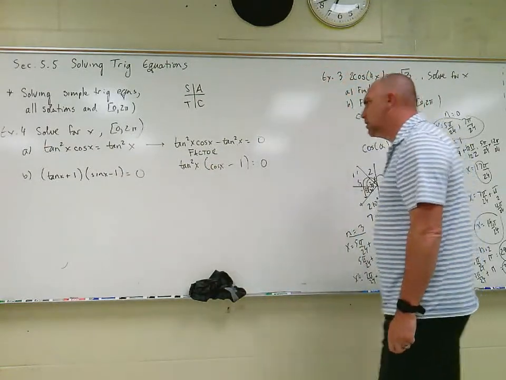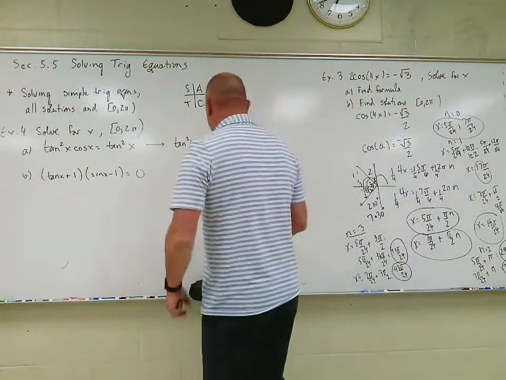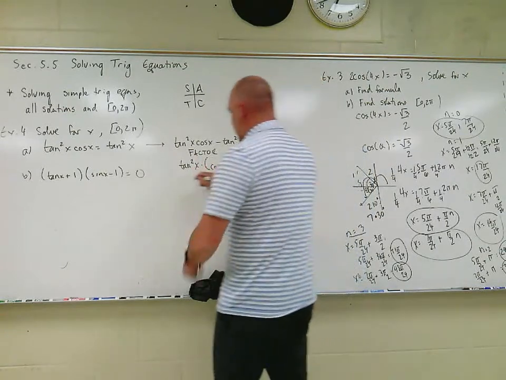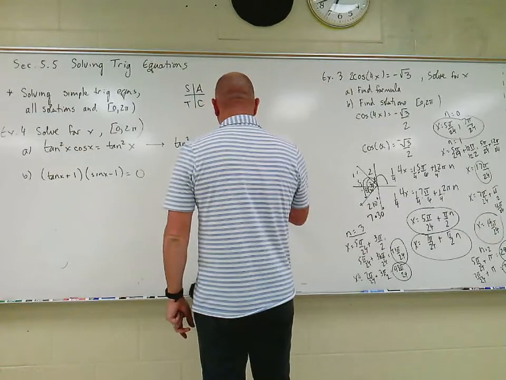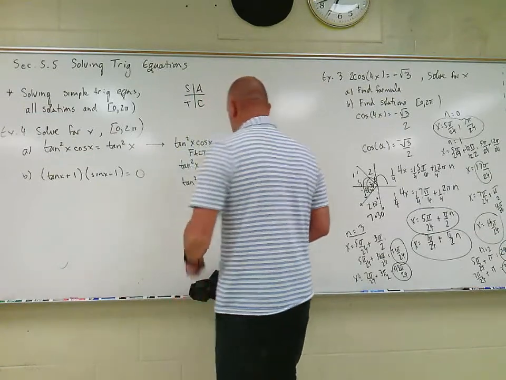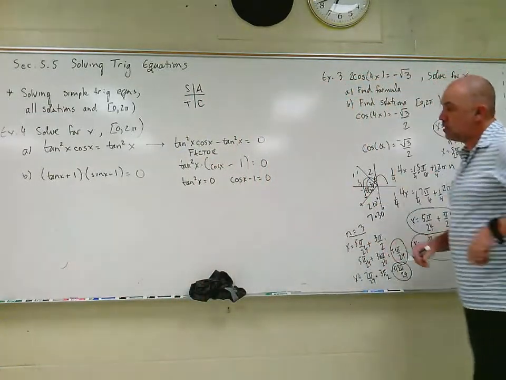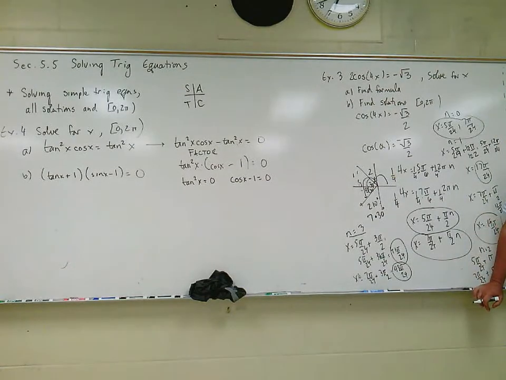All right, so let's see. At this point, I can set tan squared equal to 0. I can set cosine x minus 1 equal to 0. All right, so let's think about the first one. Well, you can do square root, it doesn't matter.